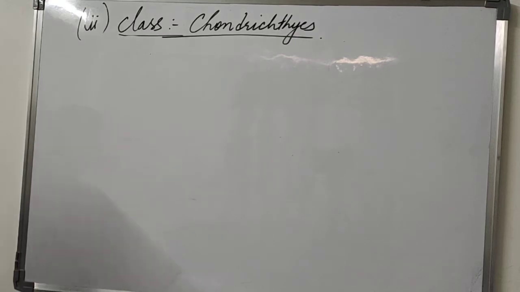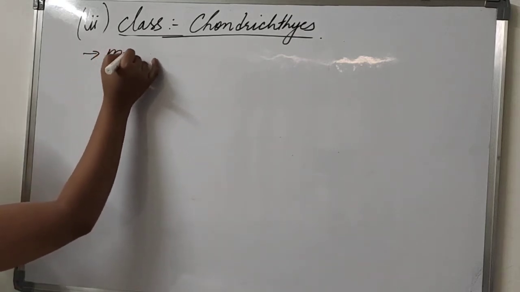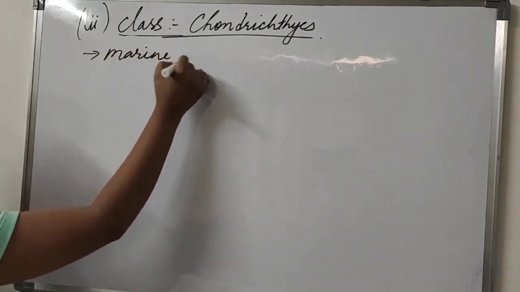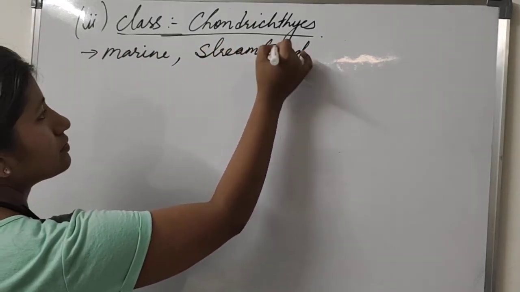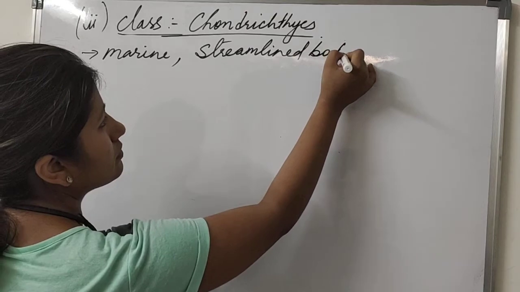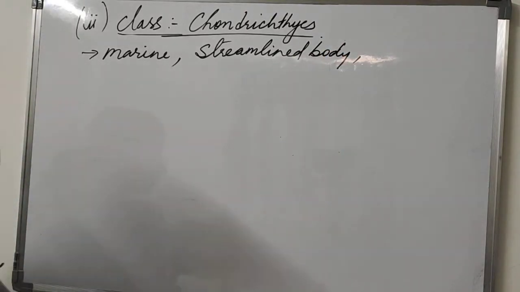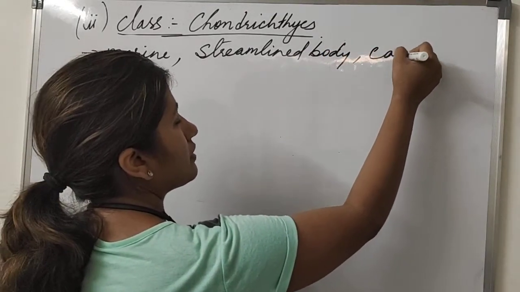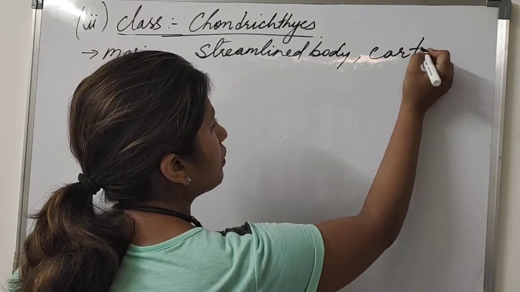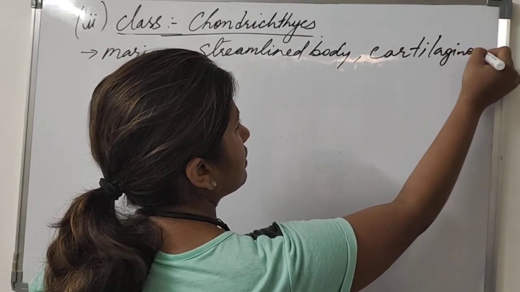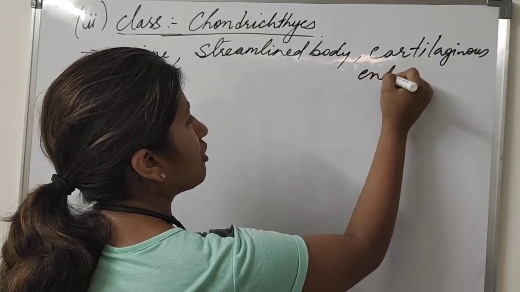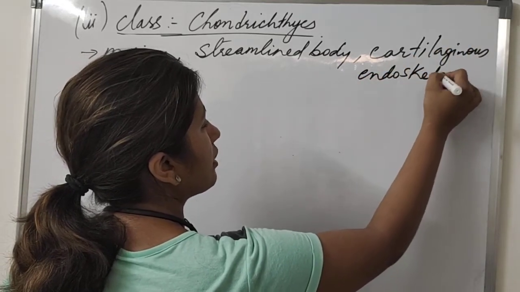Chondrichthyes are marine dwelling, with a streamlined body and cartilaginous endoskeleton. That means they have bones inside, and those bones are made up of cartilage.